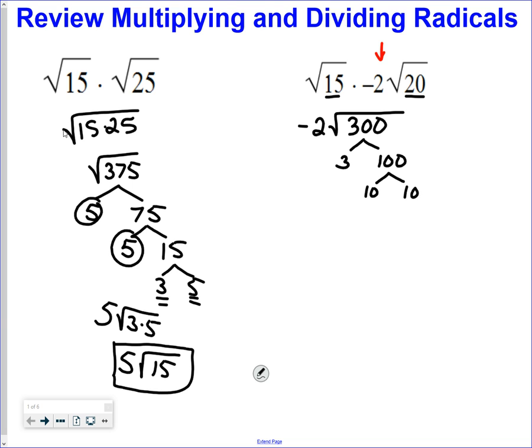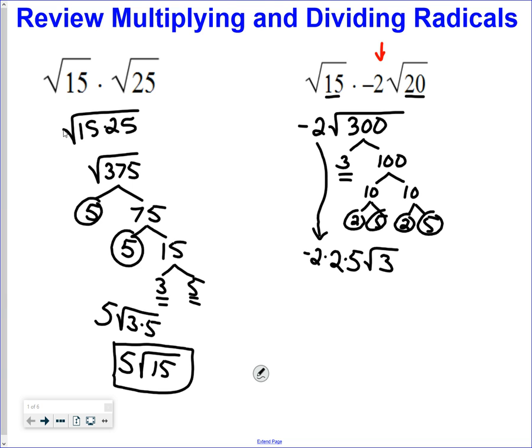You can keep going if you choose, but you could have stopped there. Remember, we're only looking at the ends of the tree. So I have a pair of 2s, a pair of 5s that I'm taking out, a leftover 3, and not forgetting to bring that down. And then I just go in my calculator, -2 times 2 times 5, which is -20. Radical 3 is my answer. Okay?